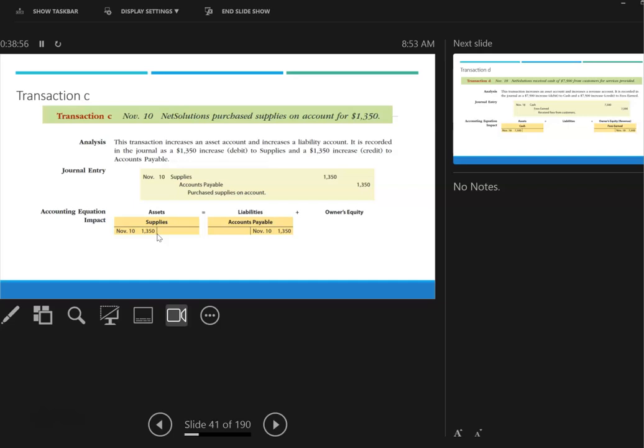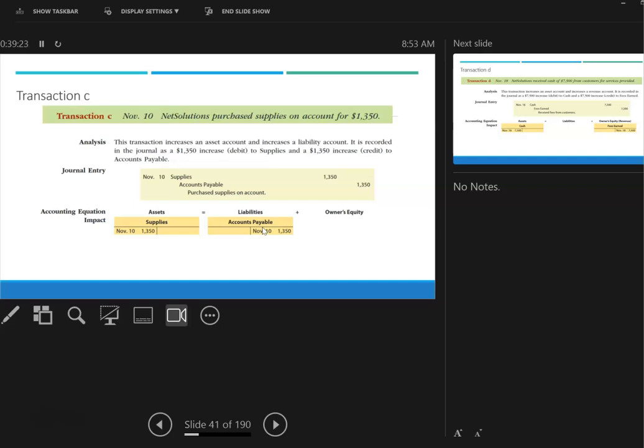What's the normal balance of a liability? A credit. So when we've increased our liability, we're going to credit it, aren't we? Do you see over here our asset was debited? We have a liability that was credited. Do we still balance? Do assets equal liabilities plus stockholders' equity?